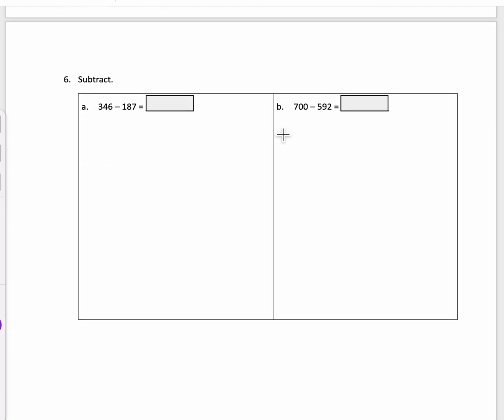All right, finally, we have subtraction, and we're going to use a vertical setting. You want the biggest number on the top. All right, so to kind of model that for you, you want to give it a good space for each number, lining them up really nice and neat. Now notice 6. Can I take 7 away from 6?